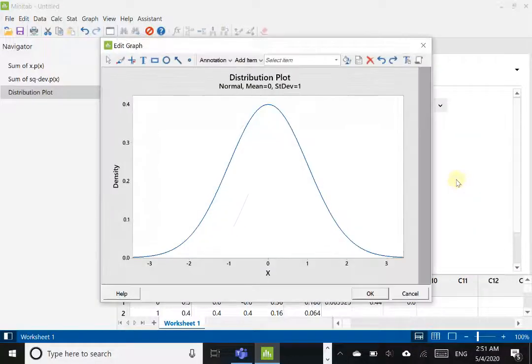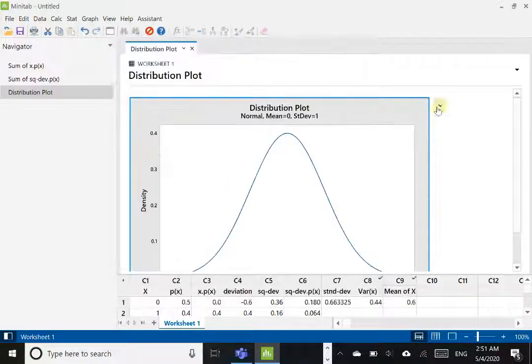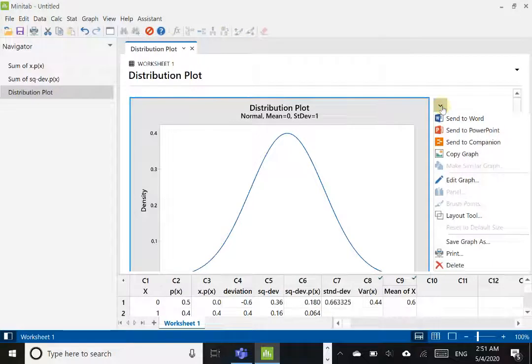Yeah, edit graphs. Here's edit graph options. Oh, it's not working. Anyway, you can mess around with this and see.